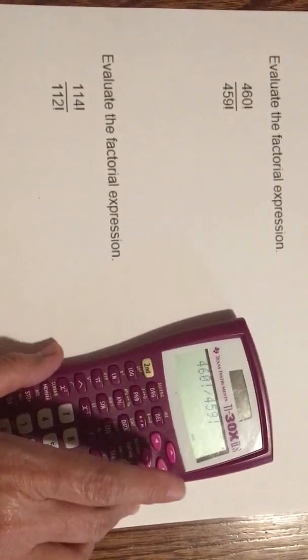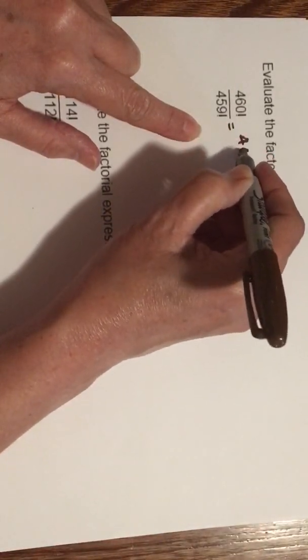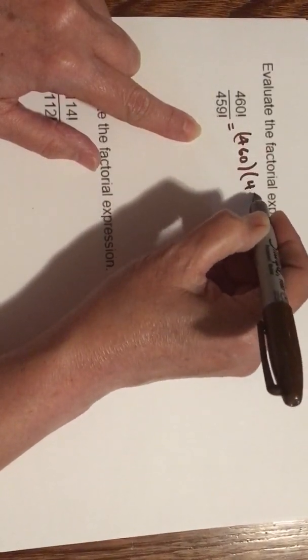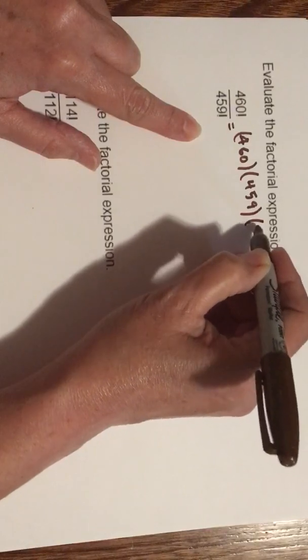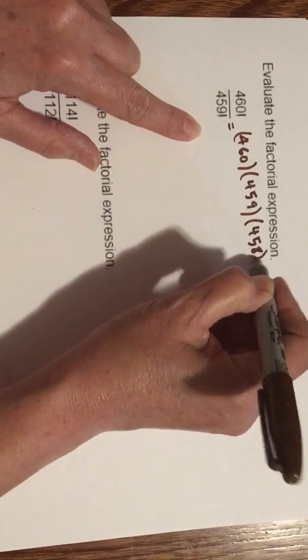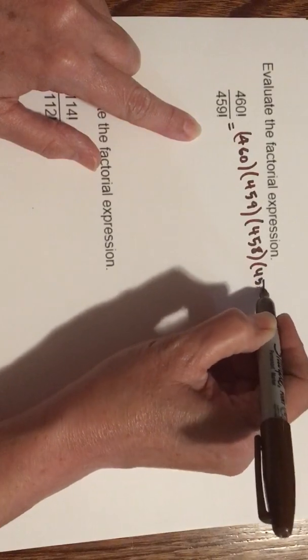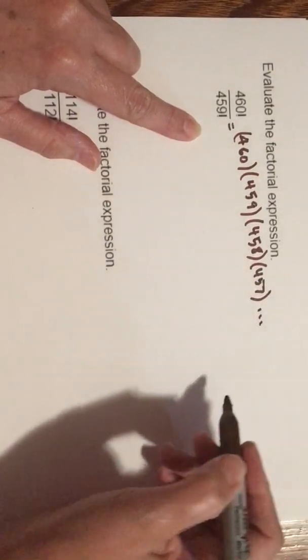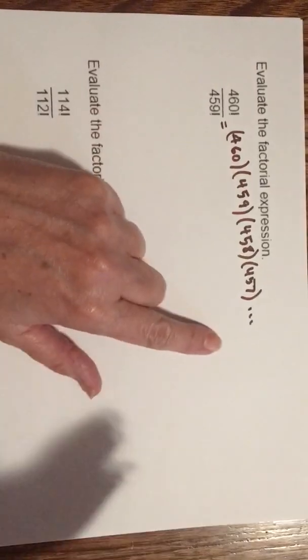So what I have to do is look at it by hand. It sounds a lot worse than it is. If I look at 460 factorial, that means I'm going to do 460 times 459 times 458 times 457, and I would write all of the numbers down to 1.